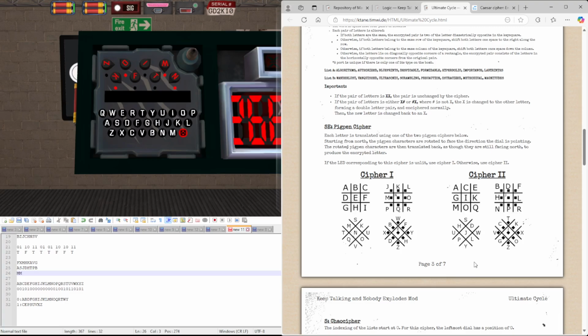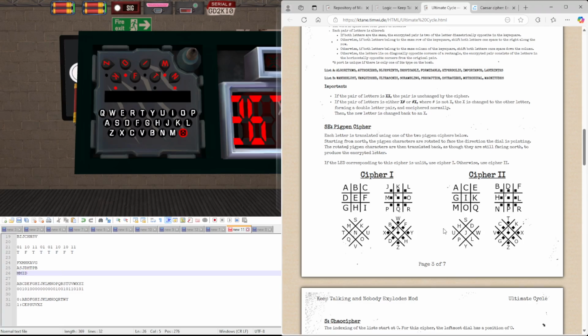Okay. J is going to be, we're going that way 7 times, and we just go clockwise once again. So I, then that stays as it is.